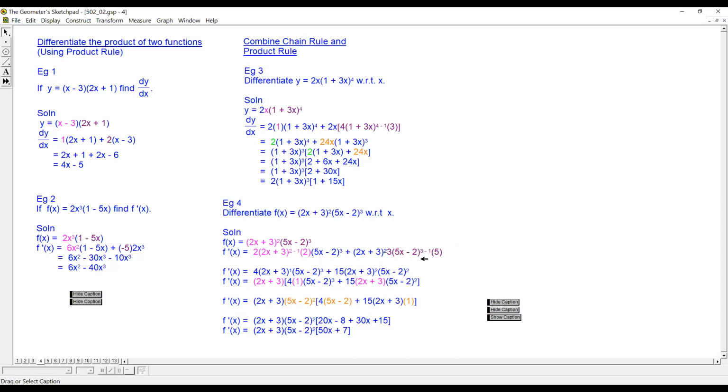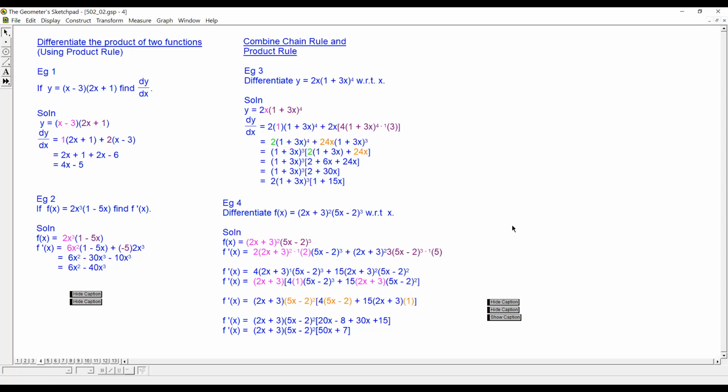Oh, don't be too happy, not finished yet. Because this is a composite function, you have to differentiate the inside one more time. Differentiate inside, you get 5. Differentiation completed.